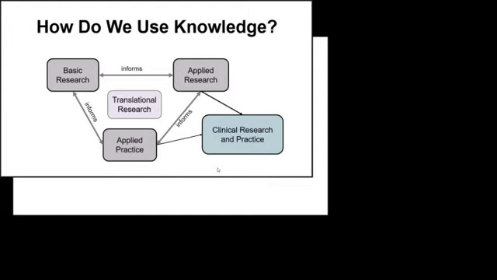Say as an instructor, I find that somebody did some basic research and figured out that students learn really well when they're asked application questions. So maybe I start using that, I can apply that knowledge in practice. That's where that comes in.